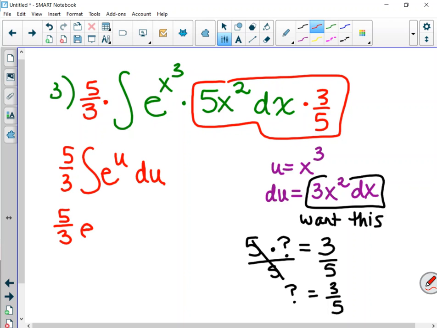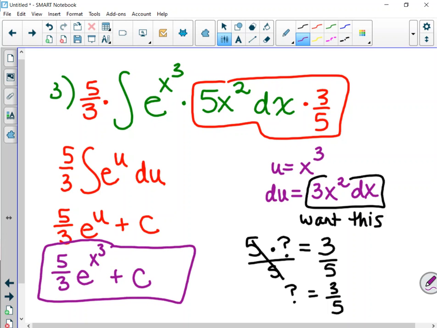Antiderivative, like I didn't even do anything. That's why e's are fun. It's hard to mess them up. You just don't change them. And then go back to x. So what was that? That was x cubed. Right there. There it is. Good job.